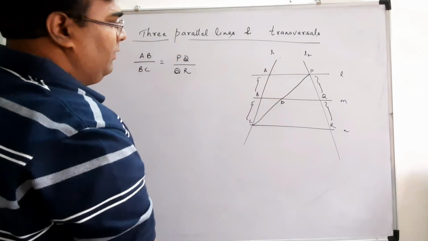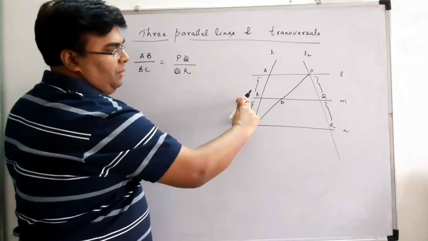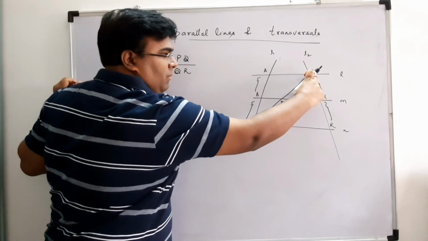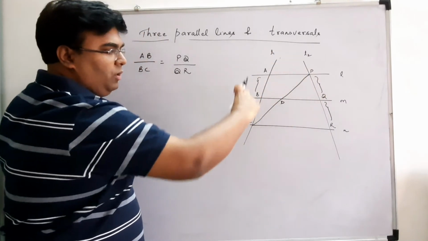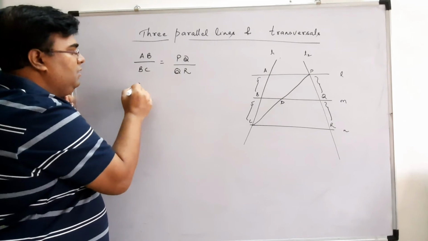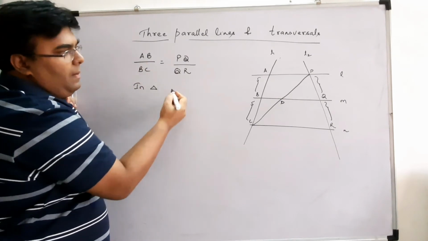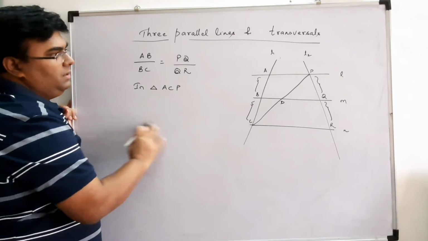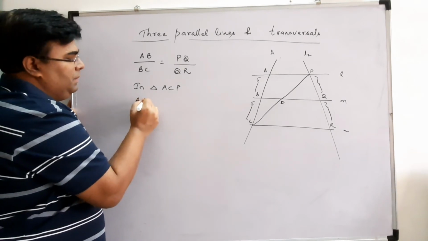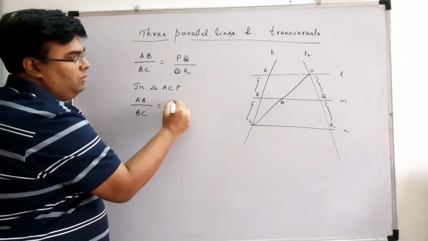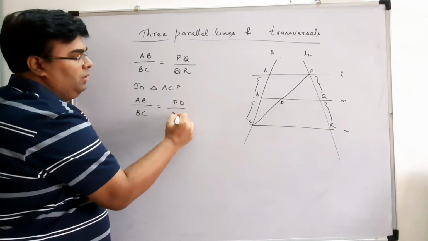So by BPT we can write this upon this is equal to CD upon DP, or we can write the reciprocal also. So say in triangle ACP, right, by BPT AB upon BC is equal to PD upon DC.